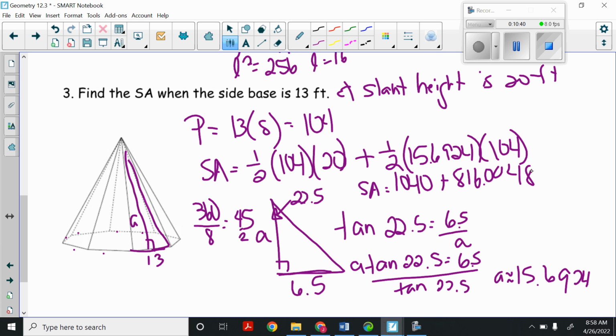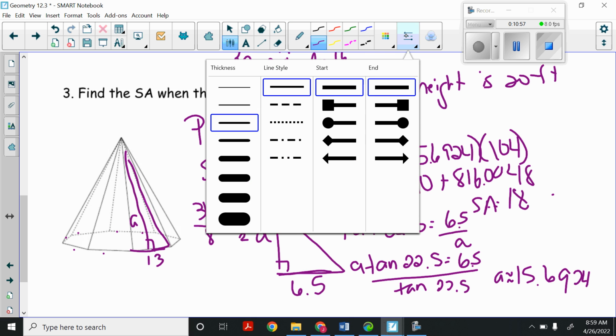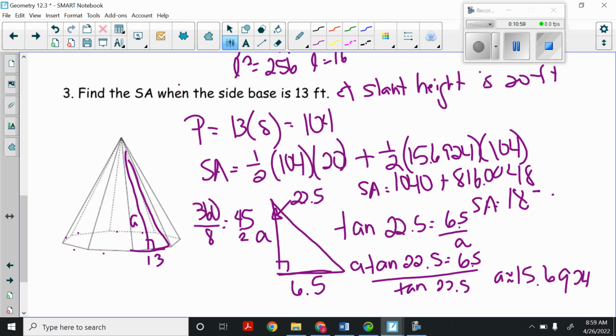Add those two together, and we get the surface area is 1,856.0048, so 1,856.005 square feet.